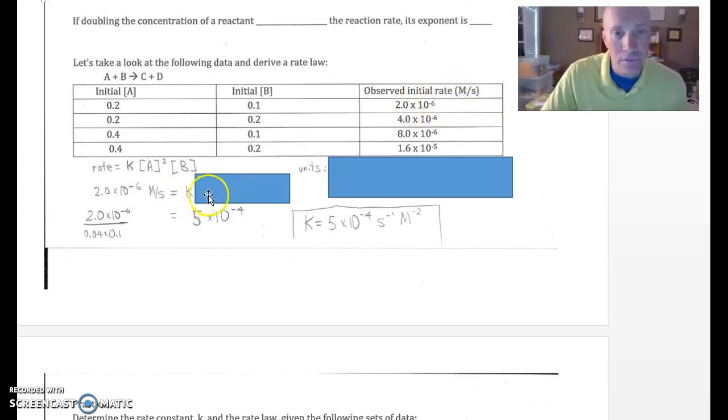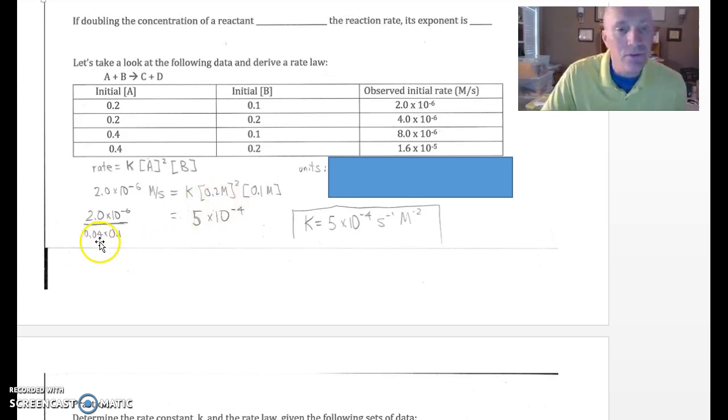All right, and we write that down, and equals K, and then we're just going to plug in for our different concentrations of molarity. All right, so we would get this expression right here, and what I'm going to do from here on out is just kind of focus on how we get not only the number but the units as well.